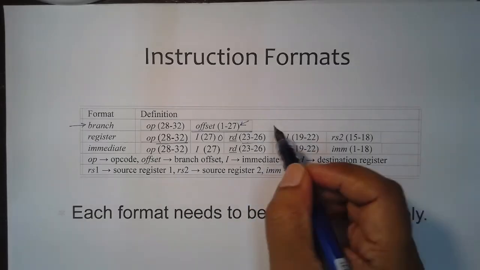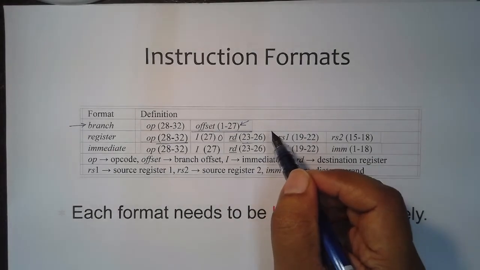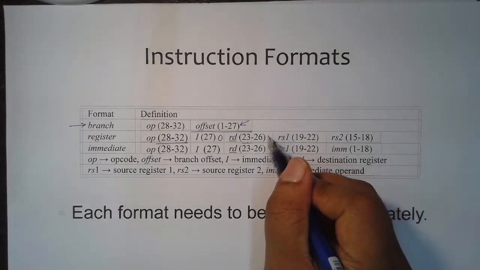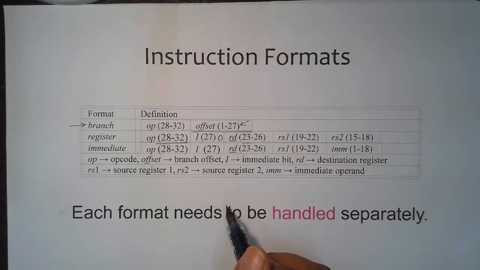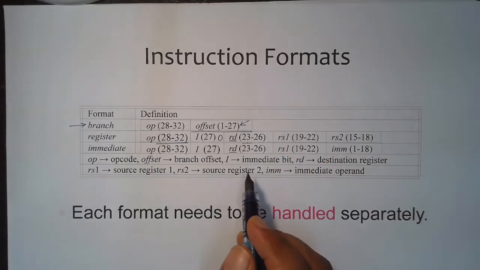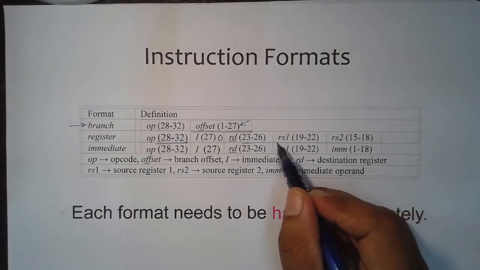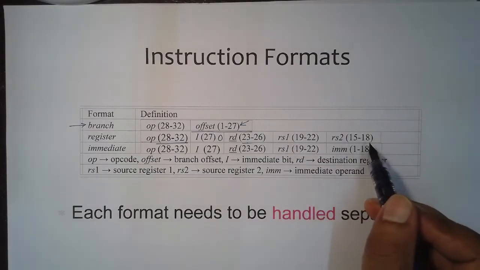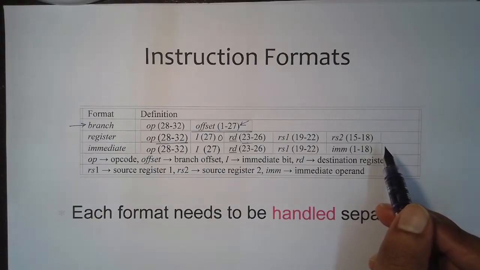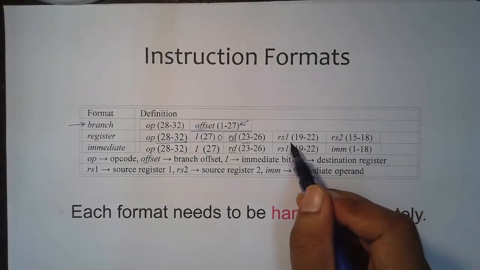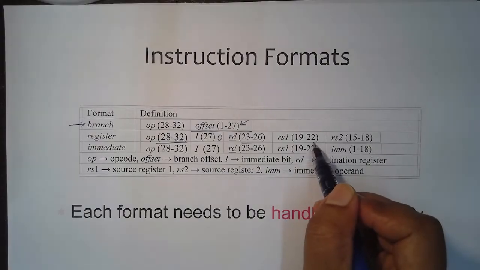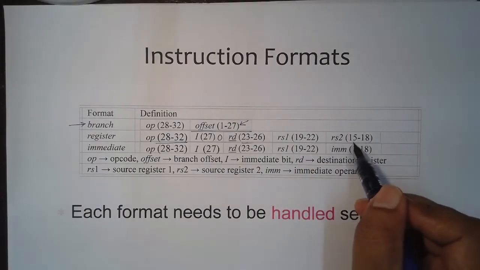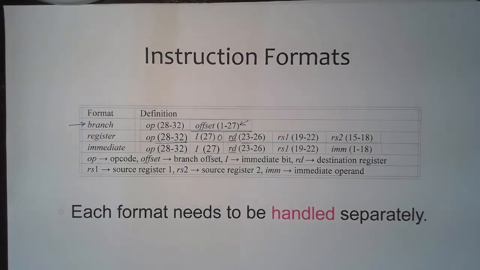Since we have 16 general purpose registers, we need 4 bits to store the individual identity of individual registers. Similarly, you have your source 1 and source 2, which are stored in locations 22 to 19 and 18 to 15. All right. So, this is your register instruction format.